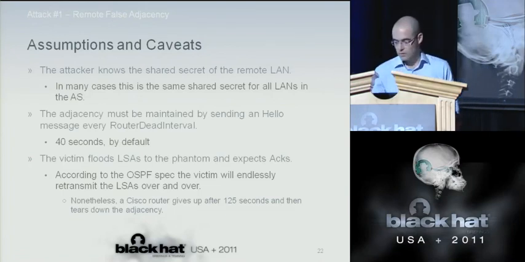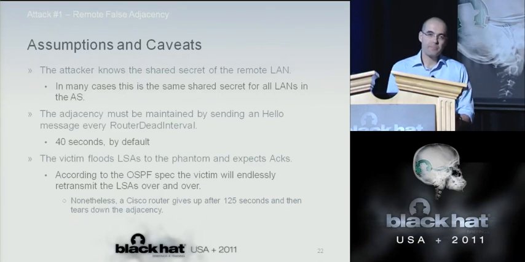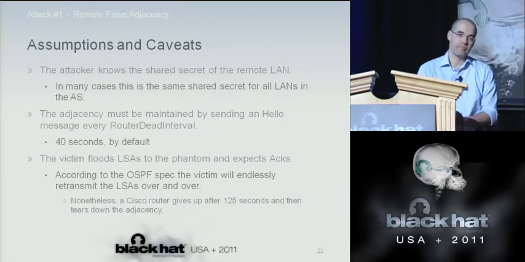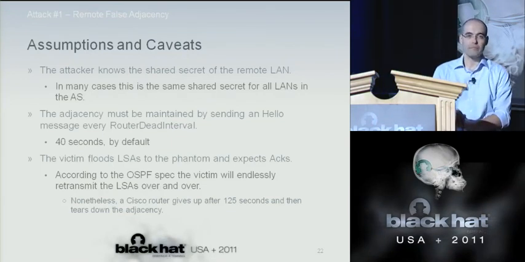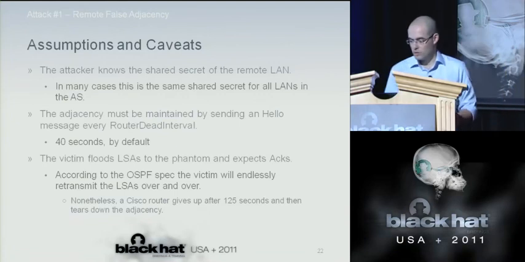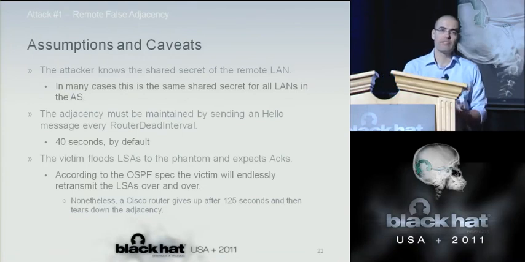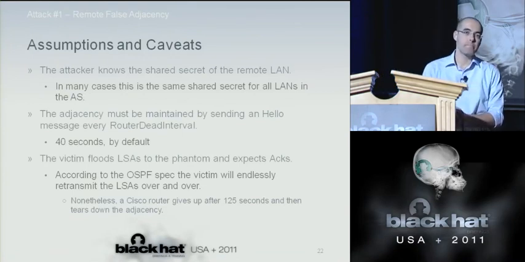Yes, there was one question there. Typically, aren't LSAs generated with TTL of 1 and not ever forwarded via a router? I mean, in OSPF, you would never see a routed LSA happen on the network. Okay, so how does this affect the attack?